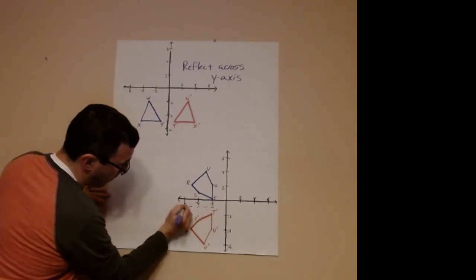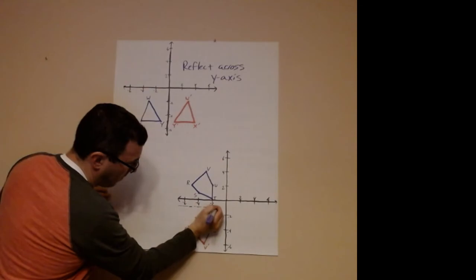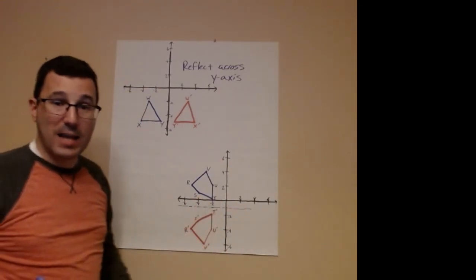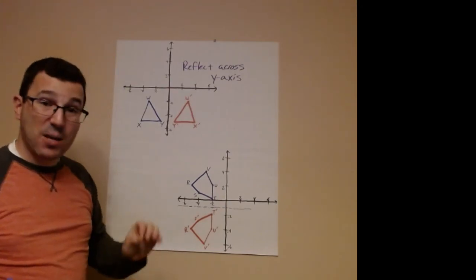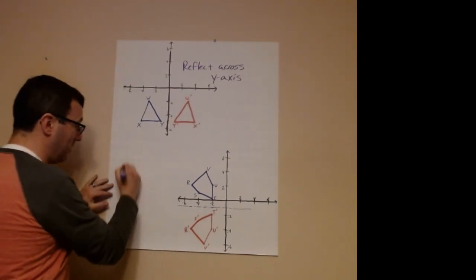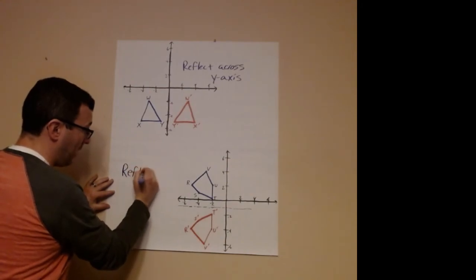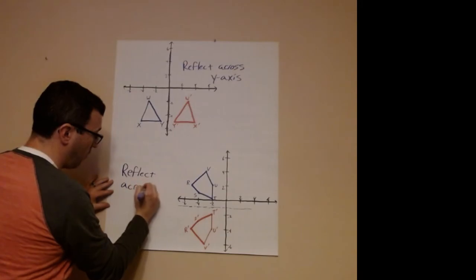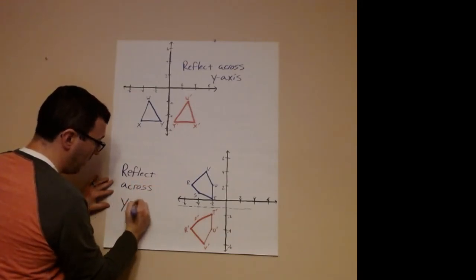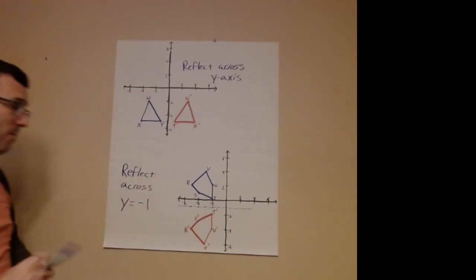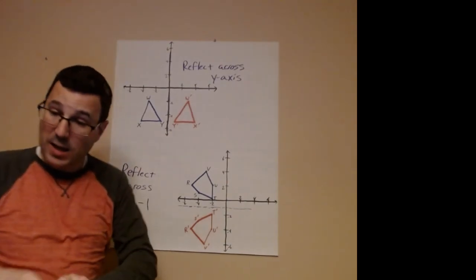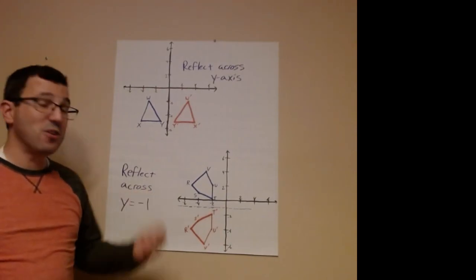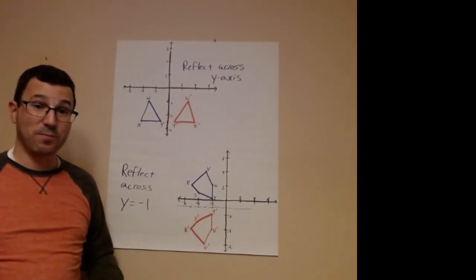So here is my line of reflection, y equals negative 1. So this is reflect across y equals negative 1. And that's how we find out what the rule is, what our instructions were on how we made this reflection.